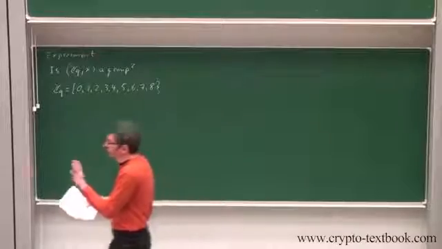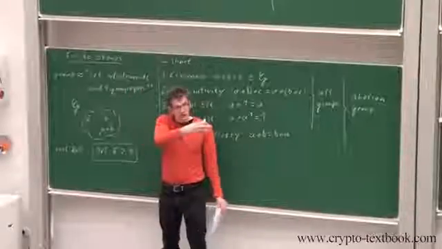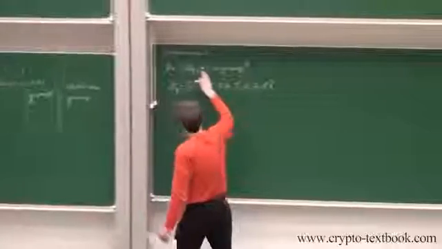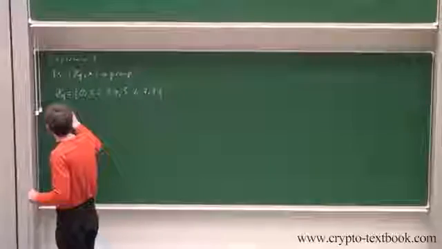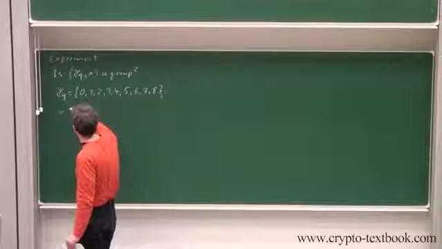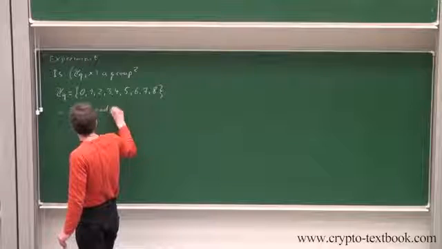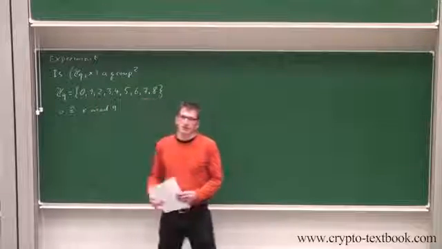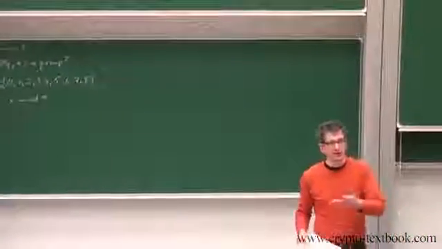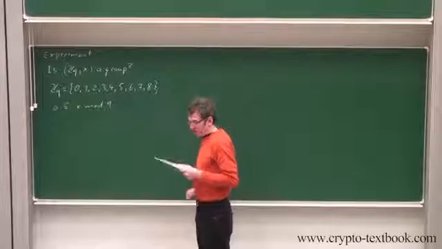Remember, group, I told you, engineering definition: a set with elements, and a group operation, which here is called times. Donut is multiplication modulo 9. And we spent a lot of time in the winter semester talking about modular arithmetic in this integer ring.